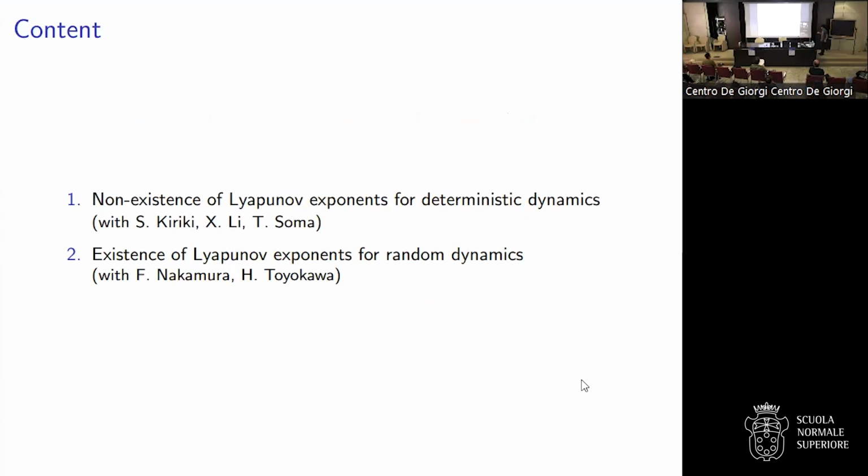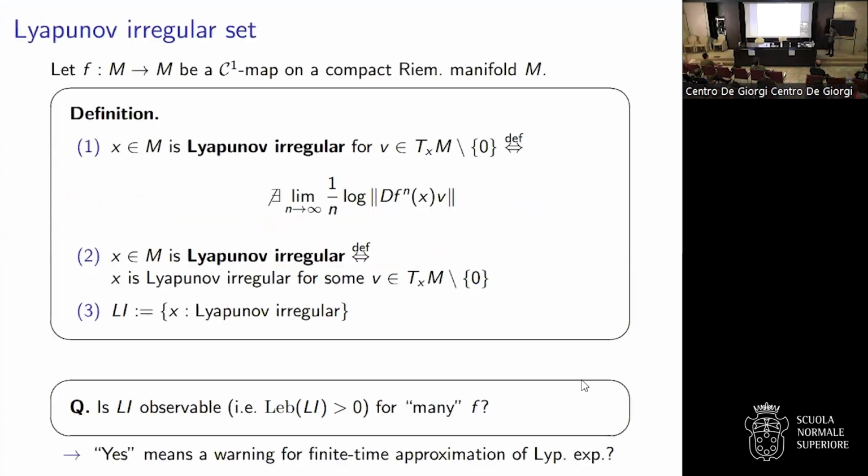This is based on joint work with Shin Kiriki, Xiaolong Li, and Teruhiko Soma. In the second part, I consider its random perturbation, that is, the existence of the Lyapunov exponent for such a random dynamical system. This is based on joint work with Fumihiko Nakamura and Hisayoshi Toyokawa. So I start from the first part.